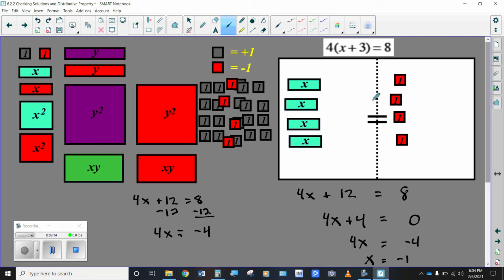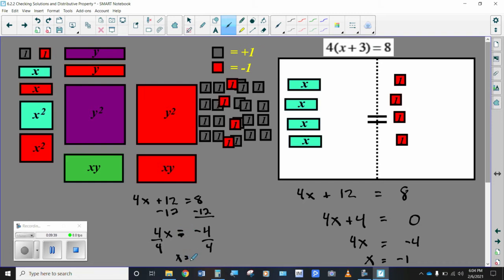Because what we would have had to do, and I purposely did it this way, I really didn't want to add 12 negatives to the left side and 12 negatives to the right side and then remove all those 0 pairs. So how you choose to manipulate it with the math might be different than the easiest way to solve the problem here. That's supposed to be an equal sign, by the way.